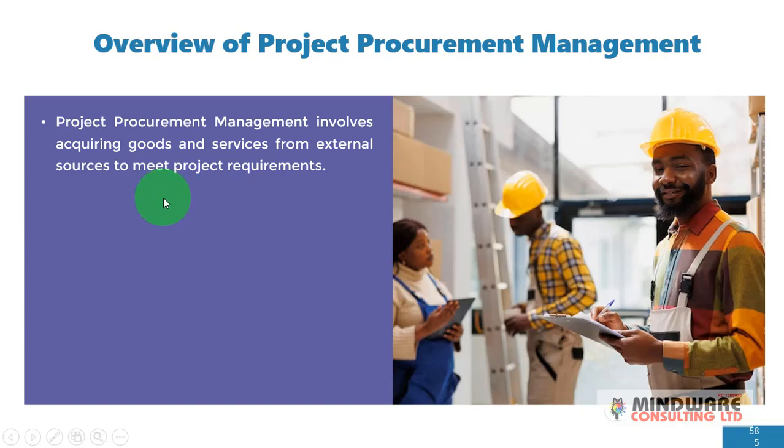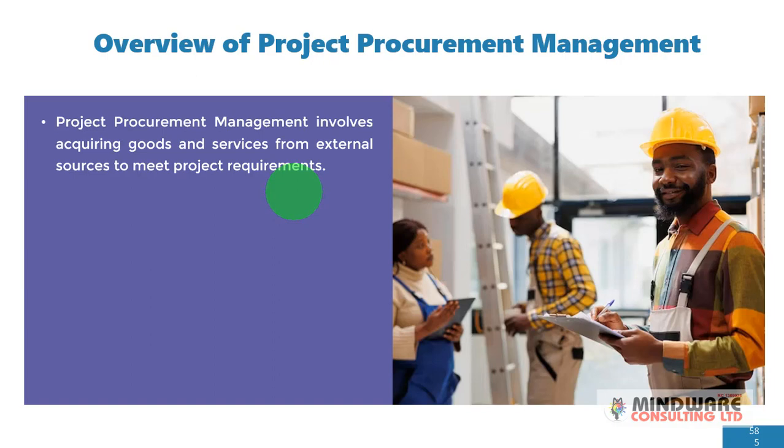So when we're talking about procurement management, we are looking at the processes that are involved in the acquisition of those materials that are required to carry on our project. Do you understand that now?